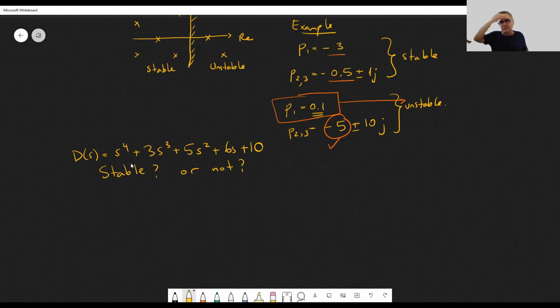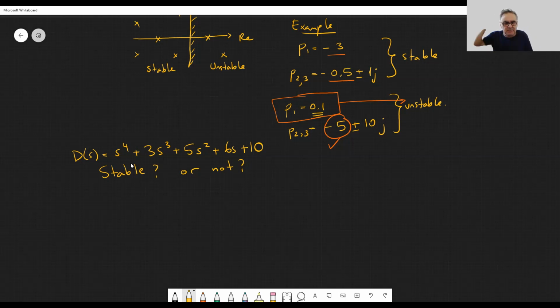Just by looking at it, we cannot have an idea. Well, there is a way. You can enter them into MATLAB or something and find the roots. If all the roots have negative real parts, then you can say that the system containing this denominator will be stable.